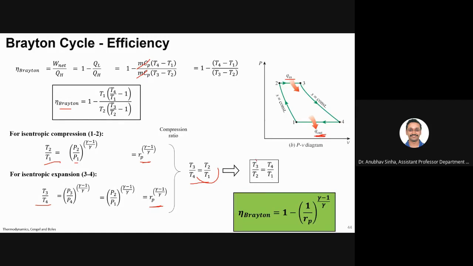So if I substitute this in the equation, T4 by T1 is equal to T3 by T2, so these get cancelled and we're left with T1 and T2. Now T2 by T1 is equal to the compression ratio to the power gamma minus 1 by gamma, and this is the reverse of that. So Brayton cycle efficiency is 1 minus compression ratio to the power minus gamma minus 1 by gamma.